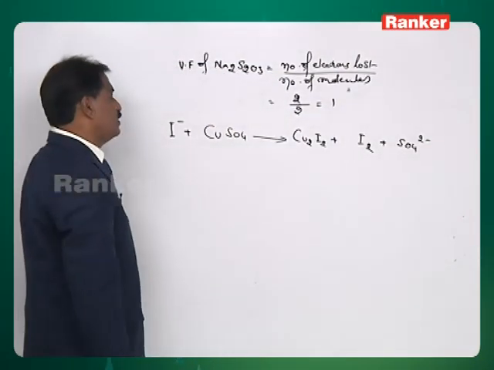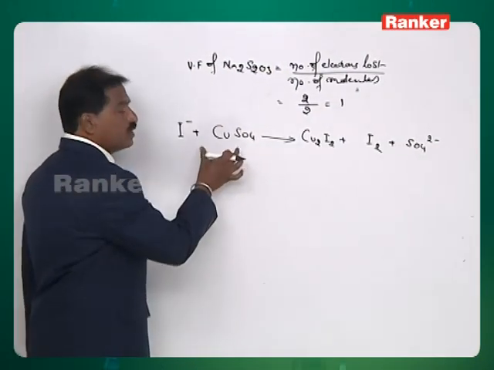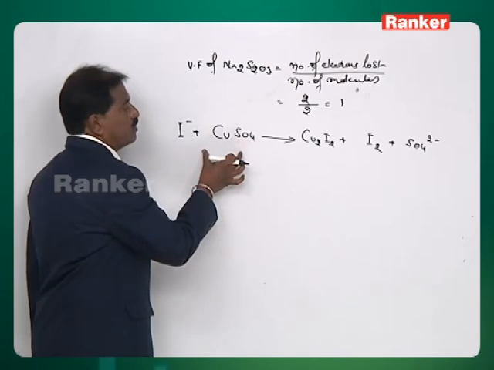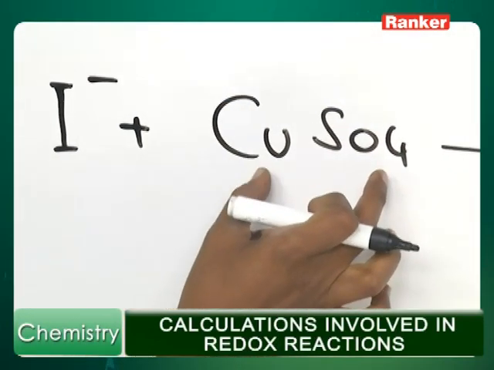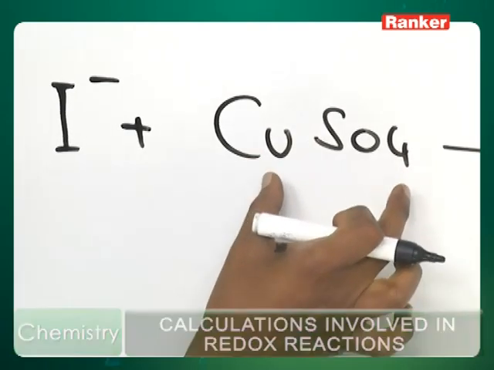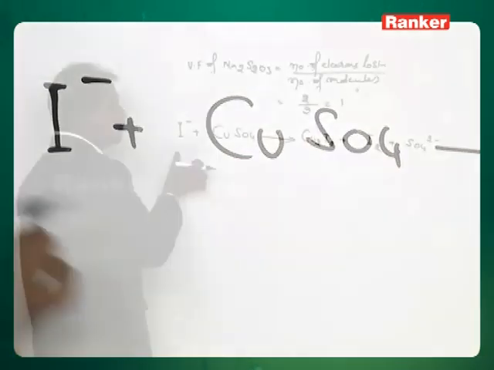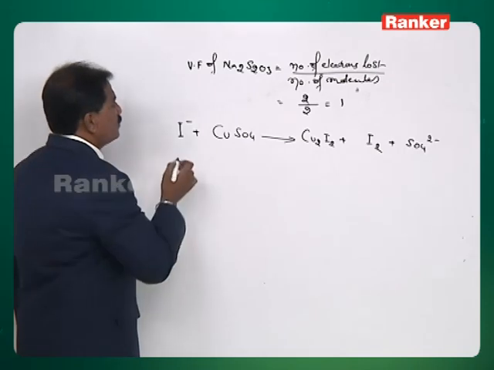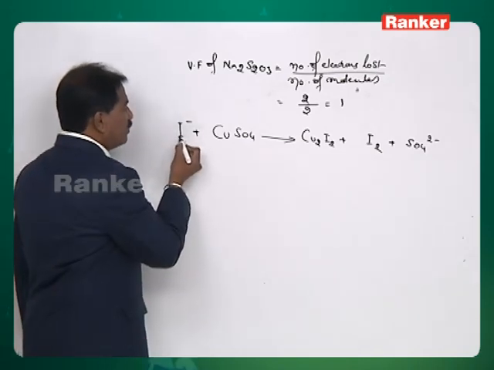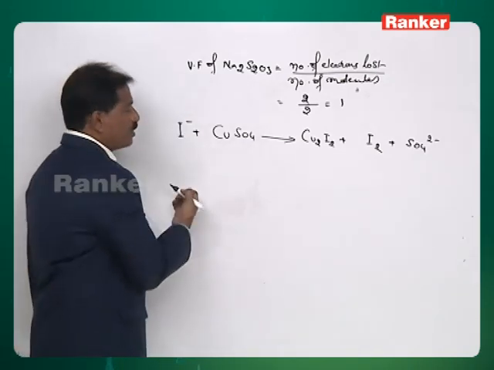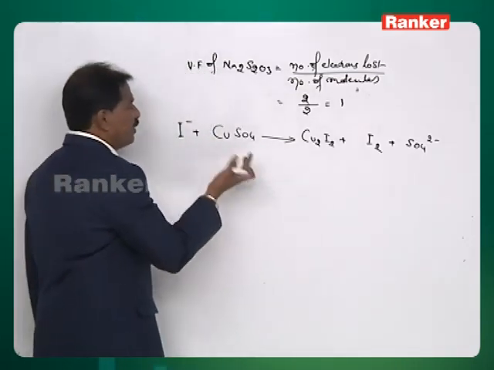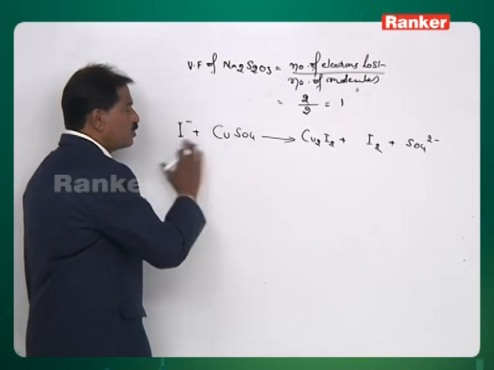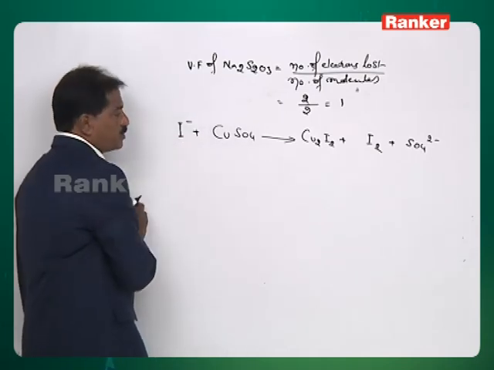This is also a well-known redox reaction and very important for numerical calculations. Therefore, first let us discuss the calculation of valence factor of the copper and iodide. Here, for iodide, we will take the iodide in the form of potassium iodide or so. First we can balance it, otherwise, without the need of balancing, directly we can proceed.